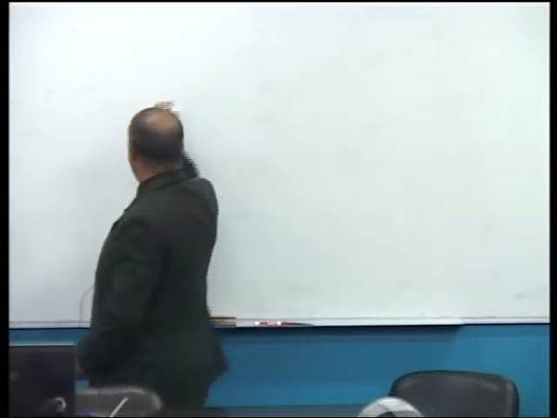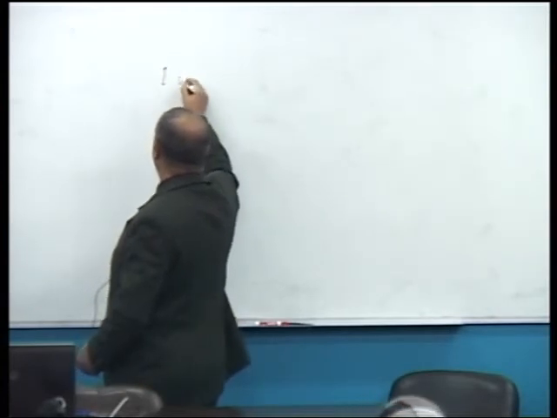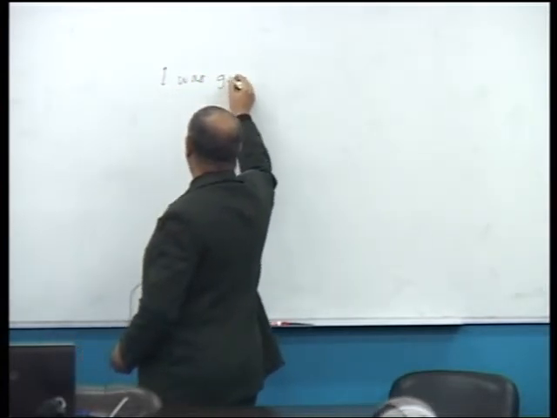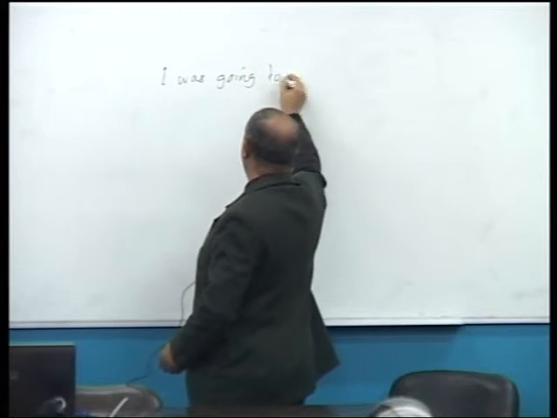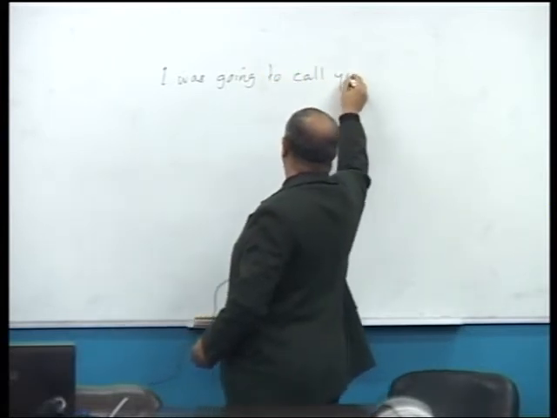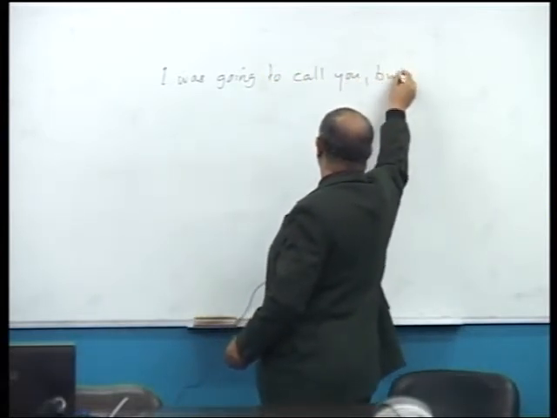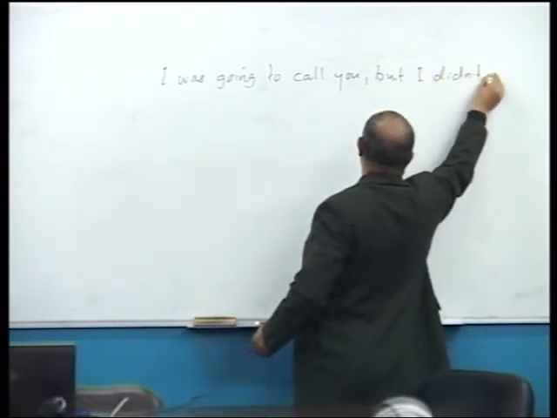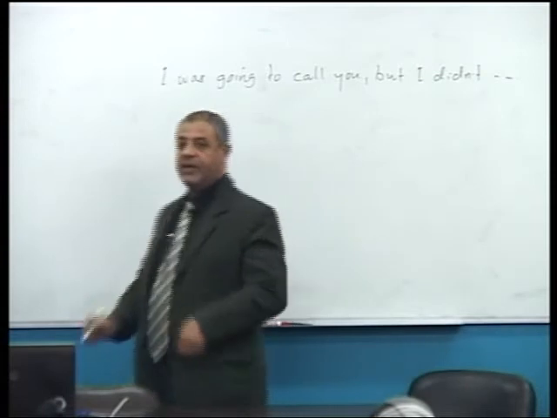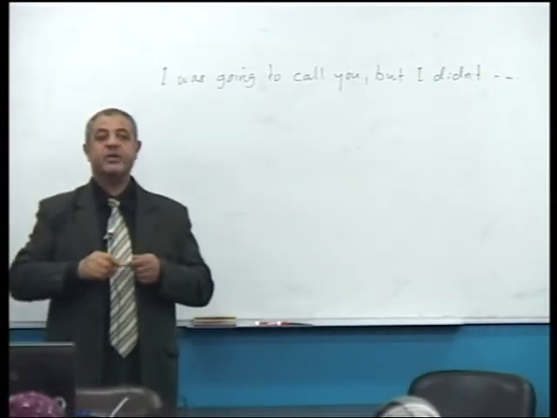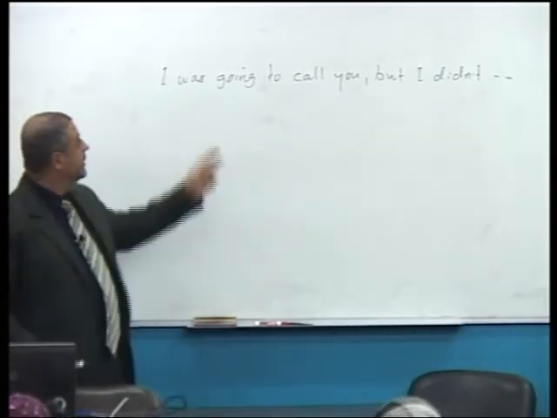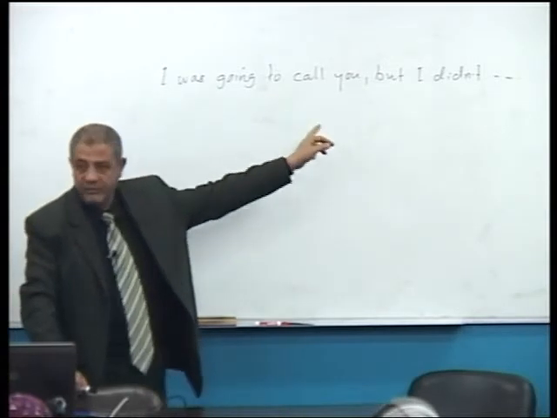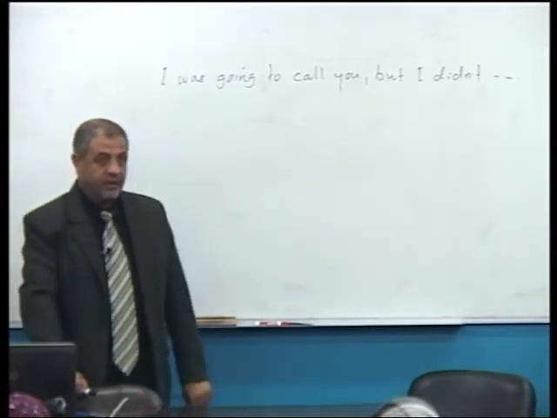Good. I was going to call you, but I didn't have your number. Good. Okay. By the way, this is called future in the past. I was going to call. Future in the past. Okay.